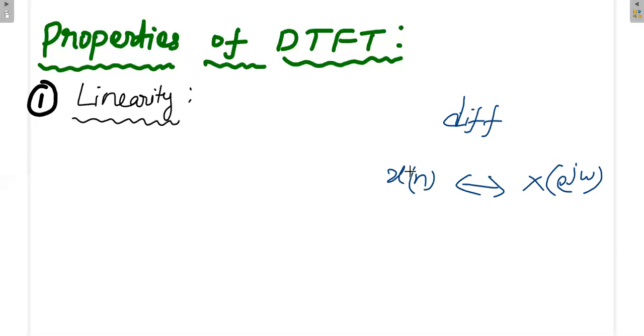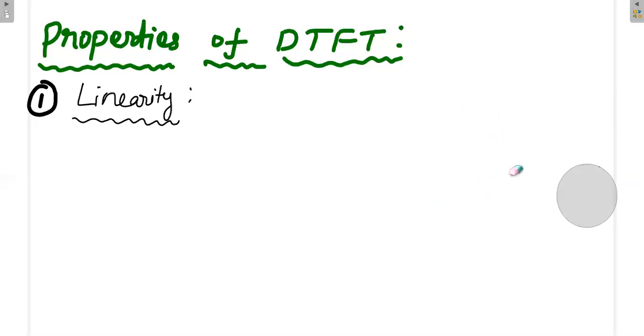That means in time domain we cannot do the differentiation, but we can have the differentiation in omega domain. This is the main difference between the discrete time Fourier transform properties and the continuous time Fourier transform properties.